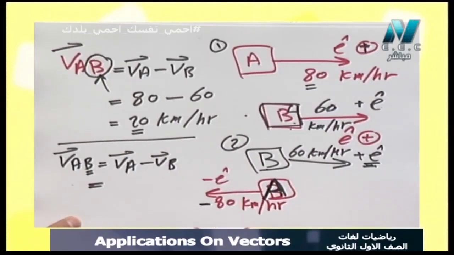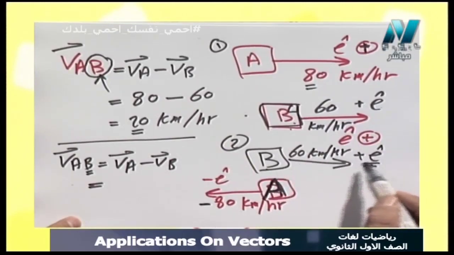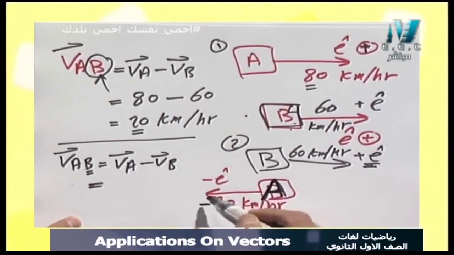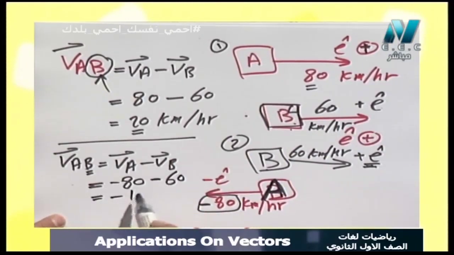Why negative 80 here? Negative 80 because it is the opposite direction of the observer. So VA here equals negative 80, minus VB, which is 60. So the answer will be negative 140.